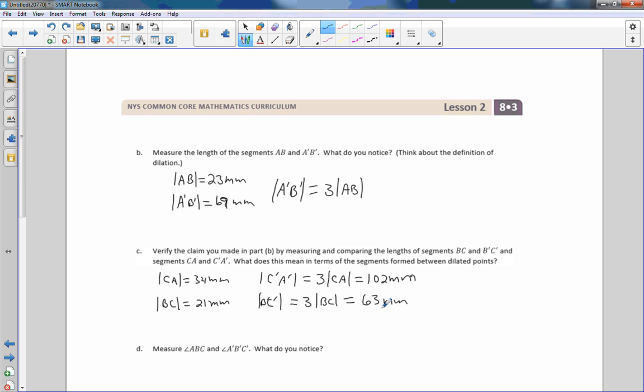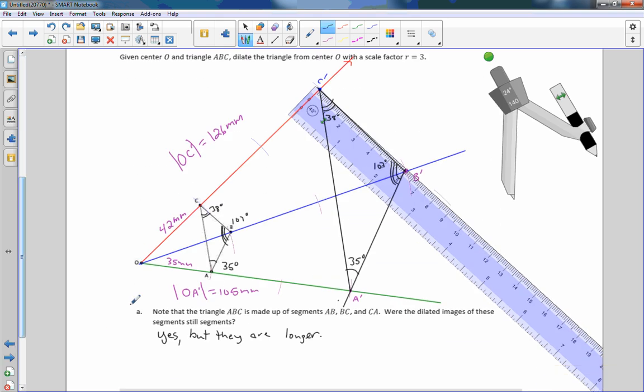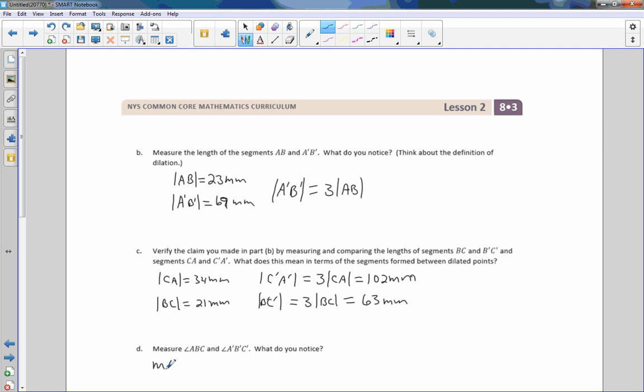So I'm off by 1 or 2 millimeters because of the way I drew it, but it should be 3 times. Now measure angle ABC and A prime, B prime, C prime, and we've already done that. Angle ABC is 107 degrees. So the measure of angle ABC equals 107 degrees, and the measure of angle A prime, B prime, C prime equals 107 degrees.